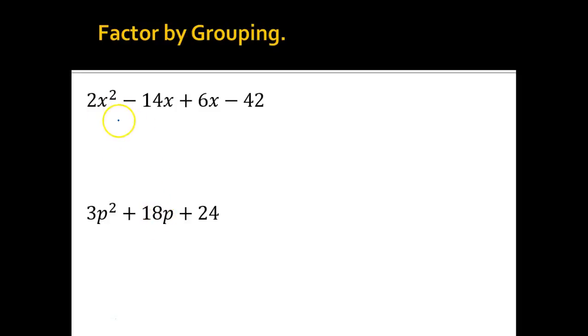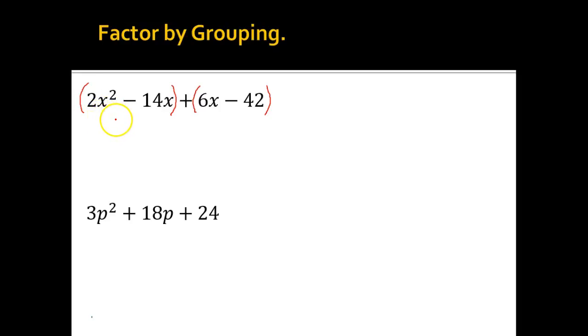So if we have a 4-term polynomial, 2x squared minus 14x plus 6x minus 42, we're going to group the first two terms together. And we're going to group the last two terms together. And then what we're going to do is look at the first group, 2x squared minus 14x.